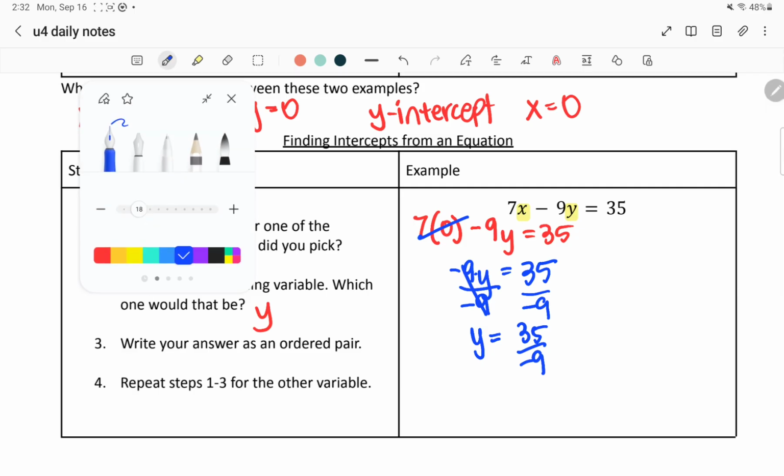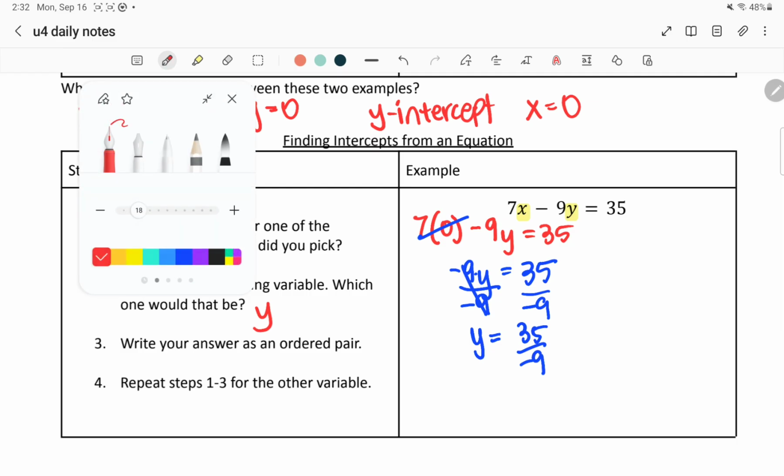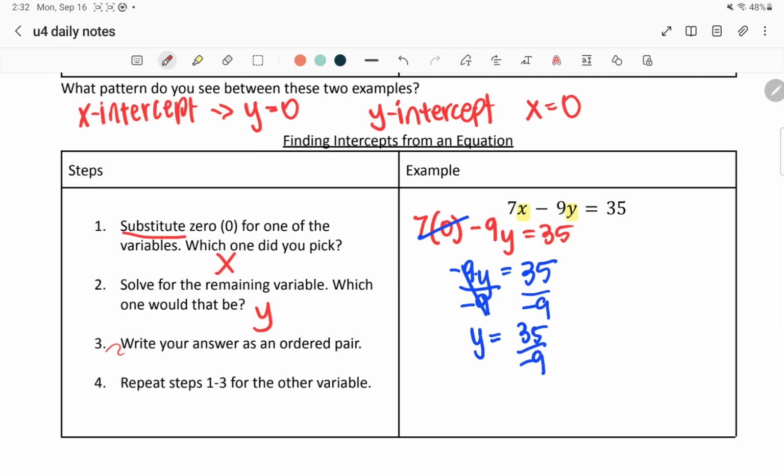Delta Math takes it that way, so we're going to leave it that way. And then we're going to repeat steps 1 through 3 for the other variable.